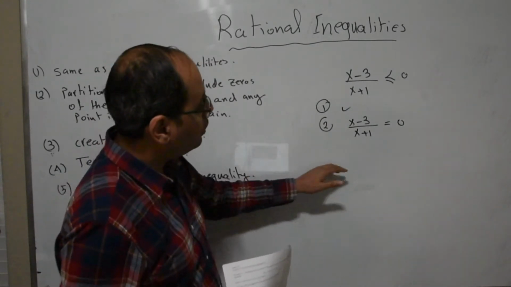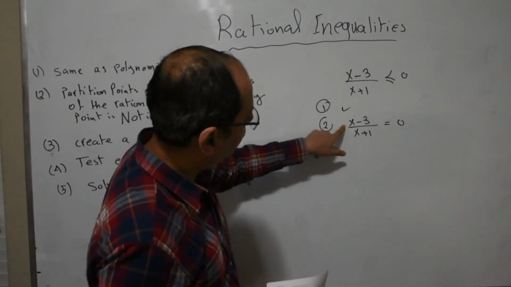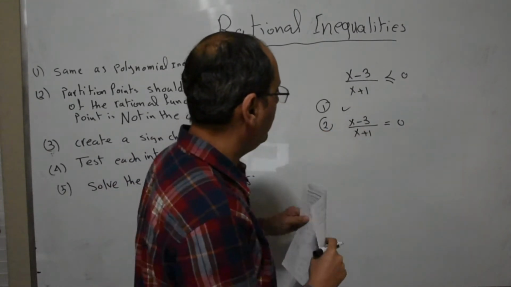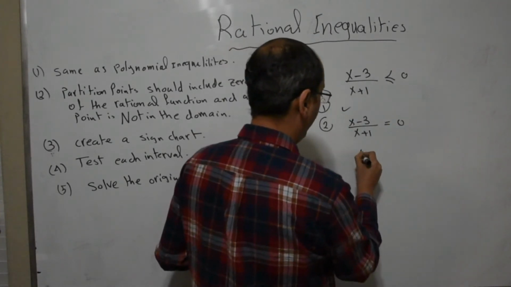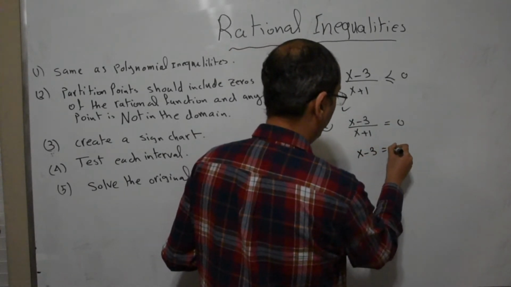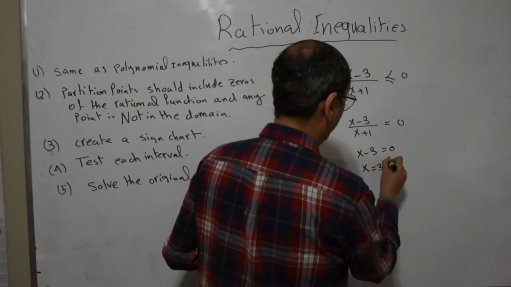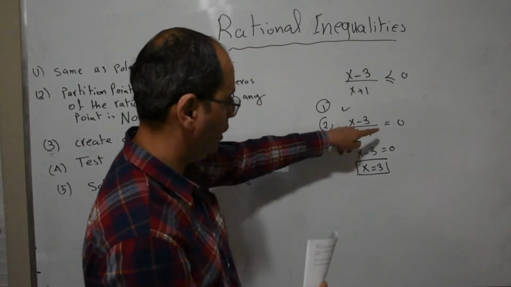The third step is to solve this rational equation for x. All you need is to set the numerator, x minus 3 equals 0. So I have x equals 3. And here is the solution, the only value that gives me 0.